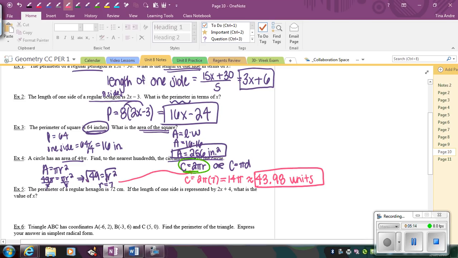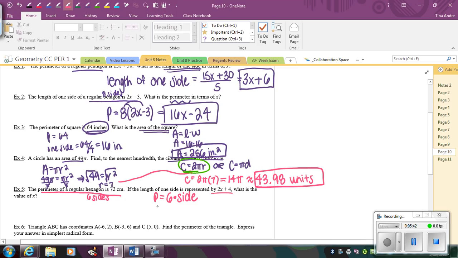So then the next example here says the perimeter of a regular hexagon is 72. If the length of one side is represented by 2x plus 4, what is the value of x? So a hexagon has 6 sides. So we know that the perimeter is going to be 6 times one side length, since it's a regular polygon.